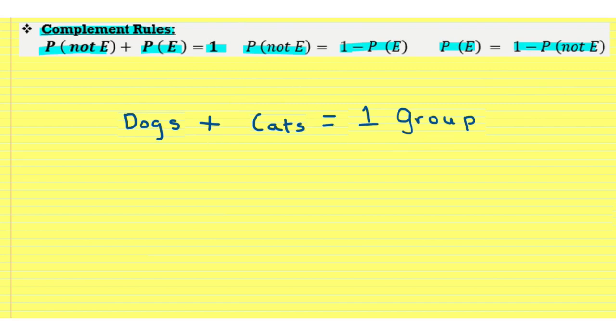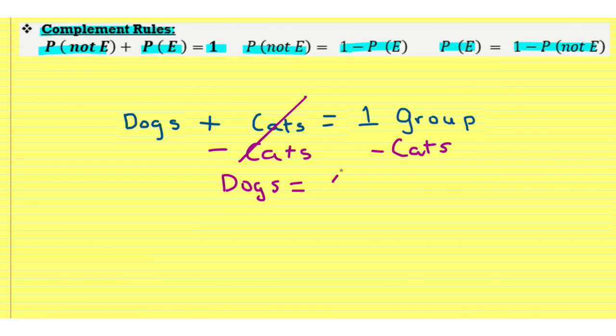Let's say minus cats on both sides, because we're going to solve for the dogs. Order of operations says I have to do it to the other side of the equal sign too. These cats cancel out, and that leaves me with dogs equal to one whole group minus all the cats.